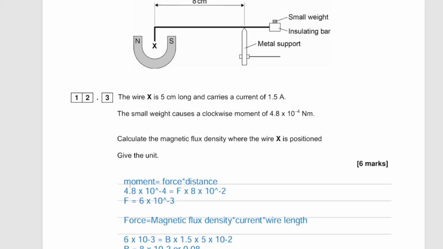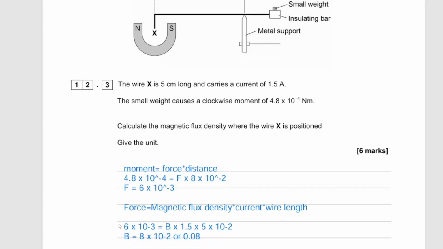And this is simply that the moment equals force times distance. So you just do 4.8 times 10 to the minus 4 equals the force times 8 times 10 to the minus 2. And you get the force being 6 times 10 to the minus 3. And then you simply plug that into force equals magnetic flux density times current times wire length.